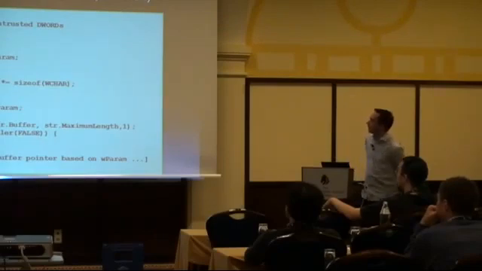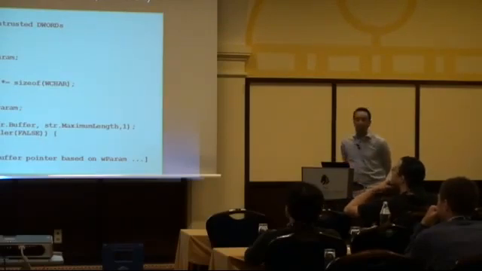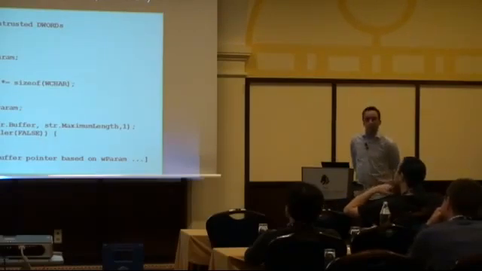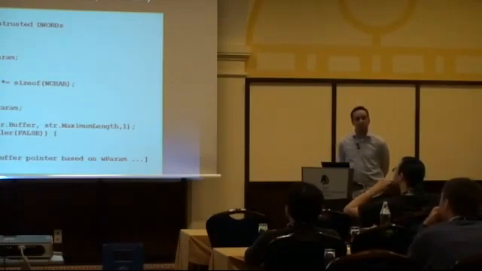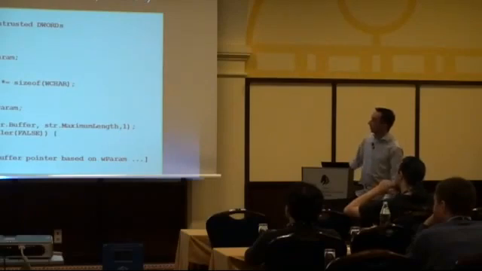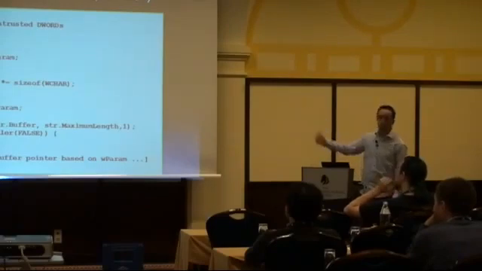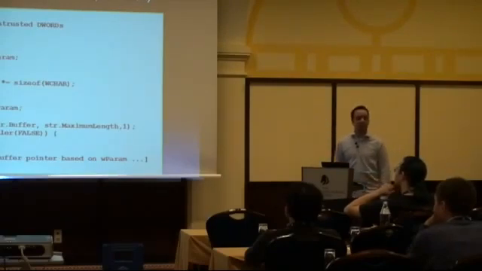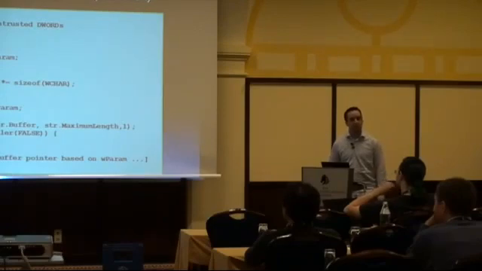What about here? Let's consider that WParam and LParam are user controlled. When I say user mode controlled, it's attacker controlled, right? So here, for example, String.MaximumLength gets assigned from WParam, and then it gets multiplied by 2. What's going on here? What about if I put in WParam 0x80000000?